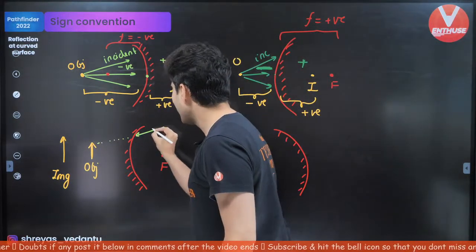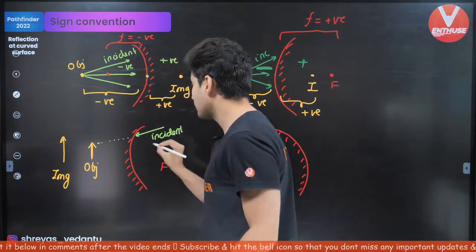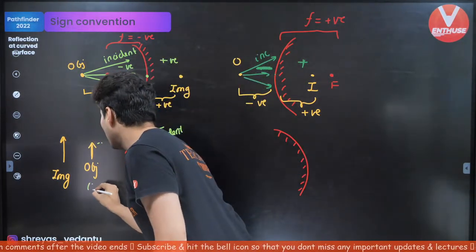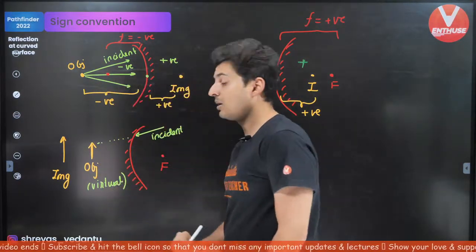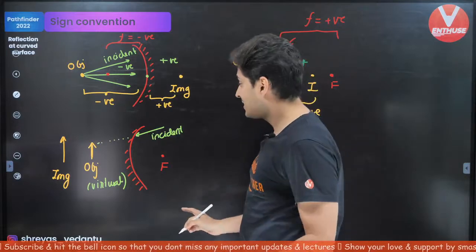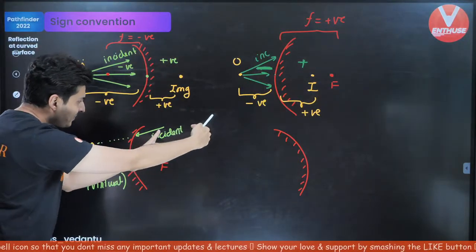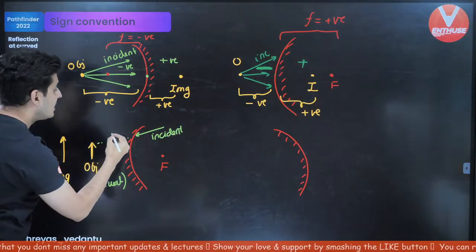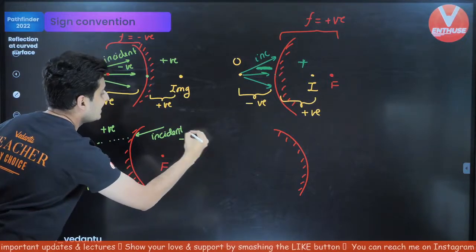So this is the direction of incident rays, and this object is not an ordinary object. What kind of object is it? It's a virtual object. Hence, in this case, if this is the direction of incidence, then this side will be positive, this side will be negative.